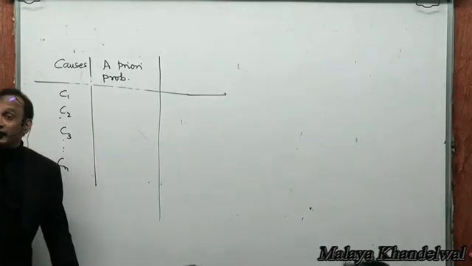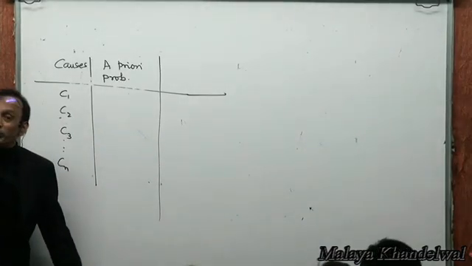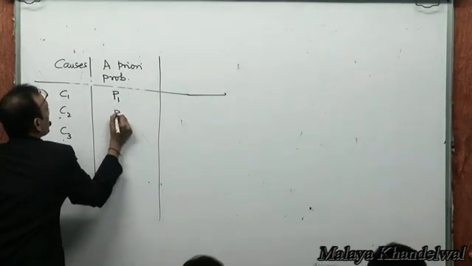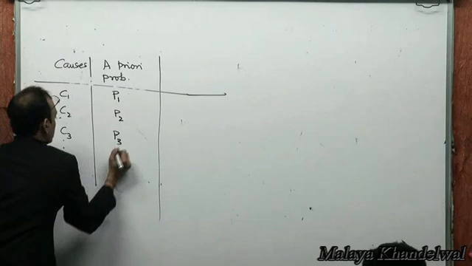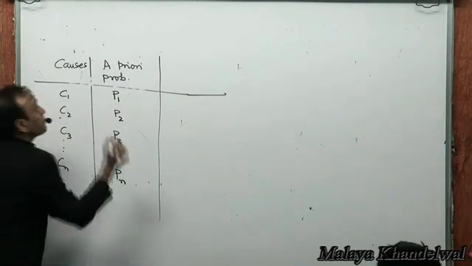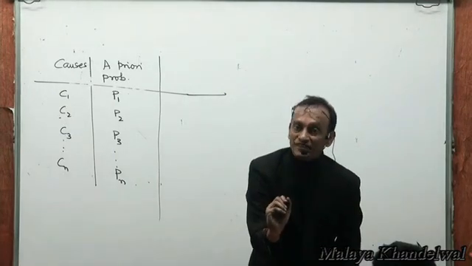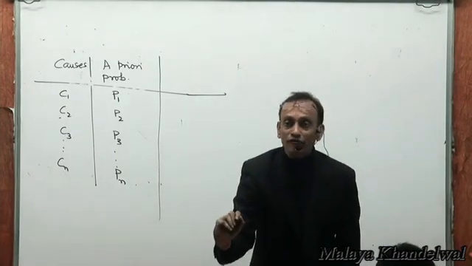Like for each of those bags, I had an a priori probability, PE1, PE2, PE3. I could have had, let's say, capital P1, capital P2, capital P3, capital Pn as the a priori probabilities. That has nothing to do with the final event.